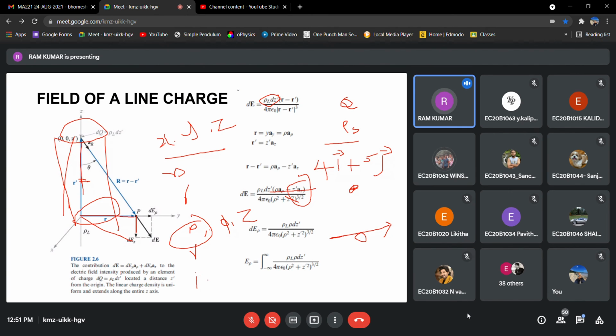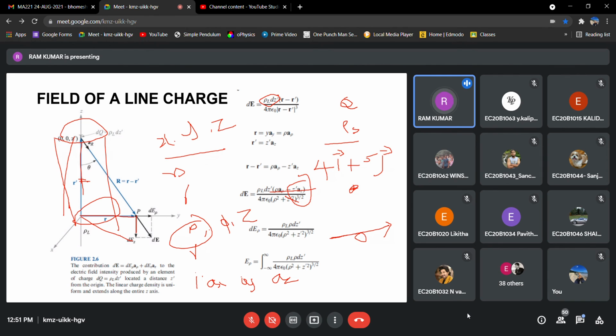To represent a vector, you use 4i plus 5j plus something here, right? Similarly, instead of i, j, k, we use a_x, a_y, and a_z. Both are the same. This is for Cartesian coordinates.